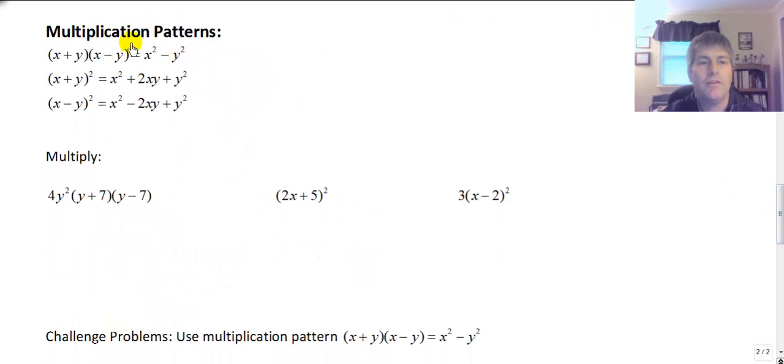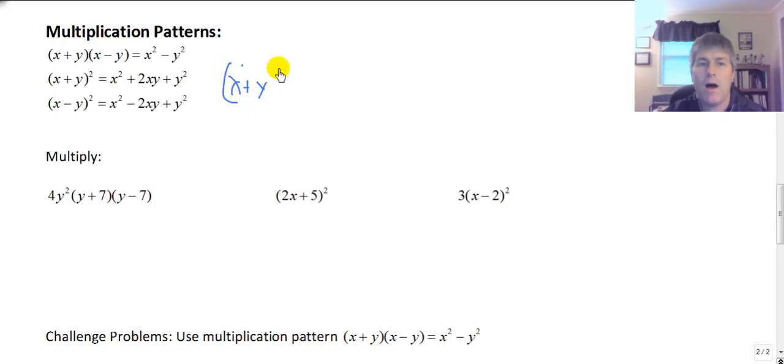You will also need to memorize some multiplication patterns. Some of those patterns: x plus y times x minus y is equal to x squared minus y squared. X plus y quantity squared is x squared plus 2xy plus y squared. Be careful here.